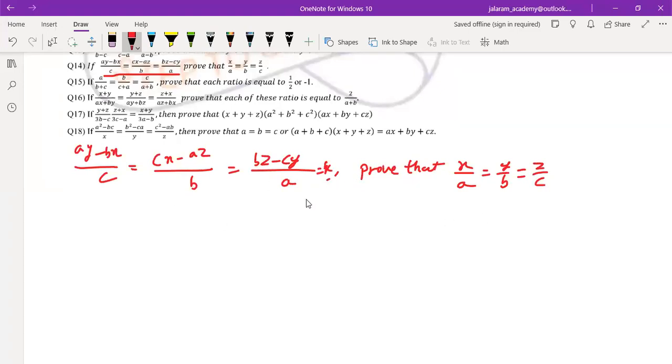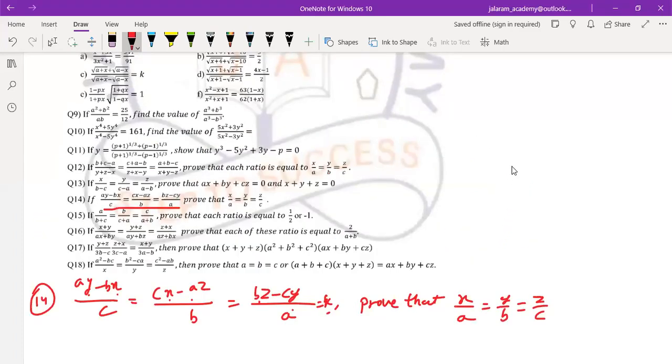So if we assume that it is k, and now if we add these, we get the sum of antecedents, which is ay - bx + cx - az + bz - cy, over a + b + c. First of all, always check in rough. So I'm doing this rough work.